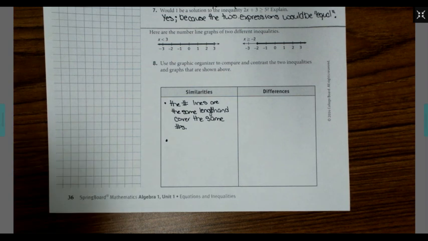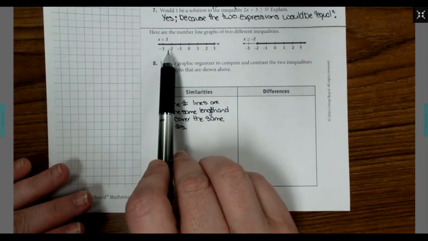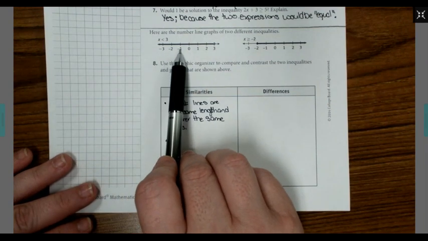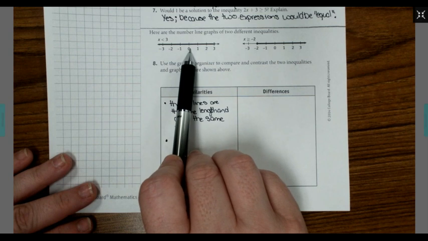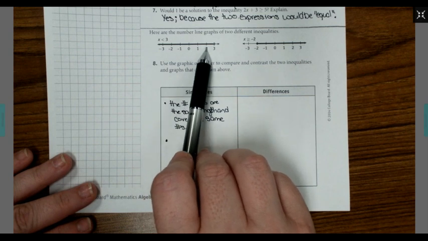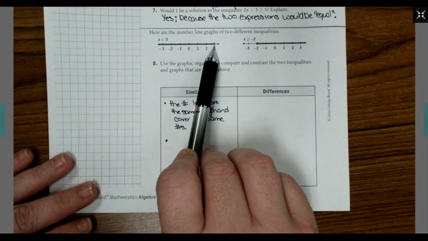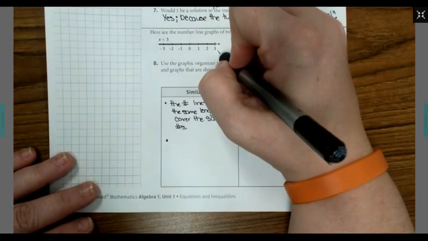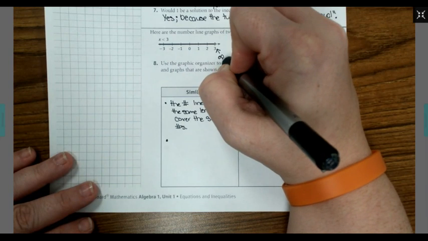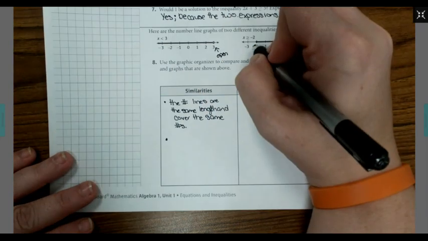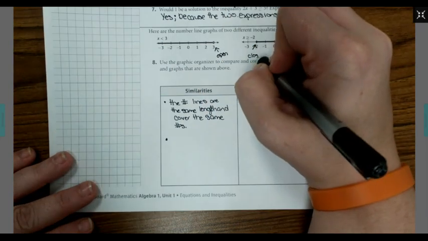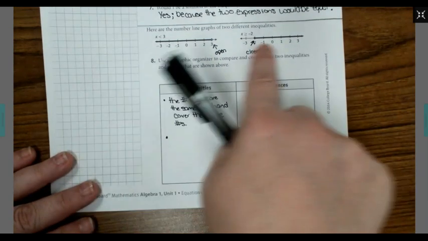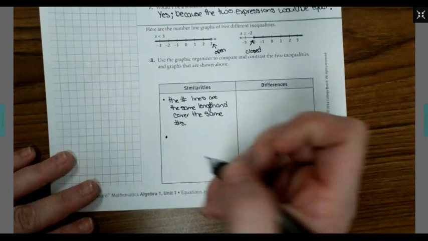Whoa, look at this. If I look here, I got -2 in this one, right? And I got -1 and 0 and 1 and 2. I don't have 3, but I have up to 3 because if you look, that's an open circle where this one is closed. So some of the same values are bolded in both.